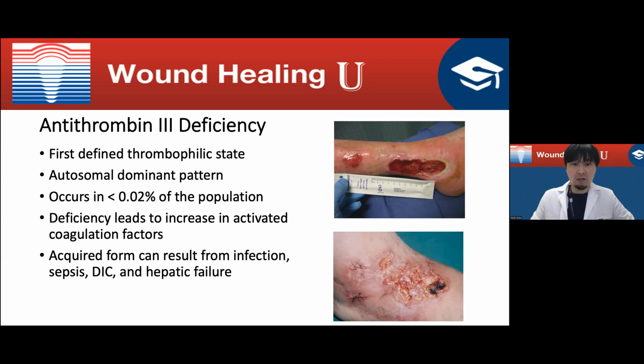This condition leads to an increase in activated coagulation factors. And there are both inherited and acquired conditions of this antithrombin 3 deficiency. The acquired form can result from infection, sepsis, DIC, or hepatic failure.